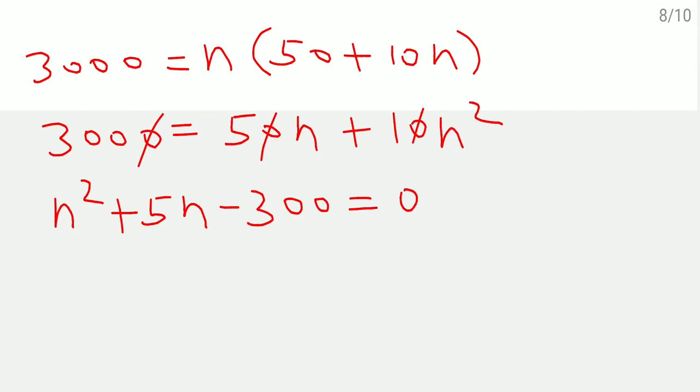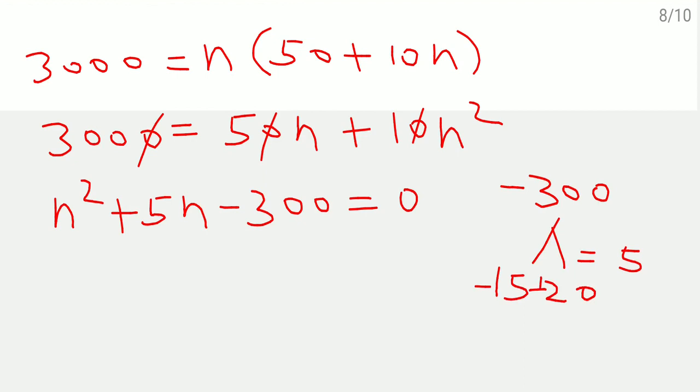We need to split the middle term. So product is 300 and sum is 5. So two numbers are. Here if I write down 15 twos are, that means 20. So minus 15 plus 20, the product will be minus 300 and sum is 5. So these are the two numbers. Okay.